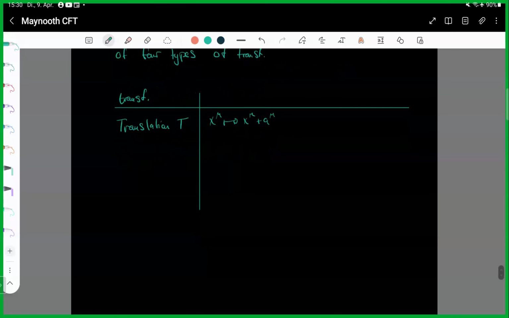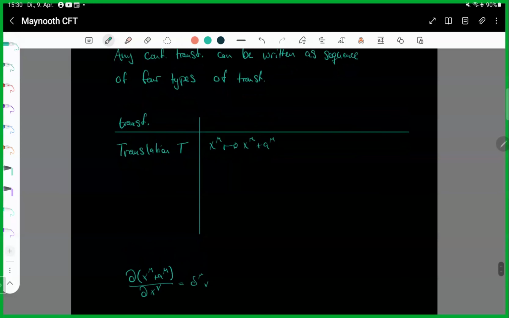You can just check this, maybe something that I didn't declare as an exercise: if you take x mu plus a mu and you take a derivative with respect to x nu, you just get delta mu nu.